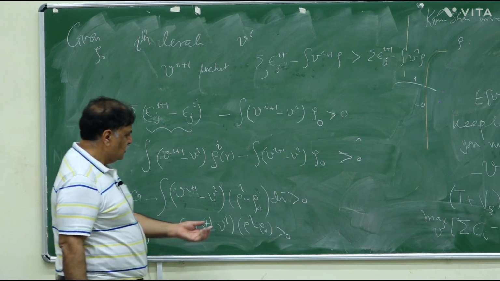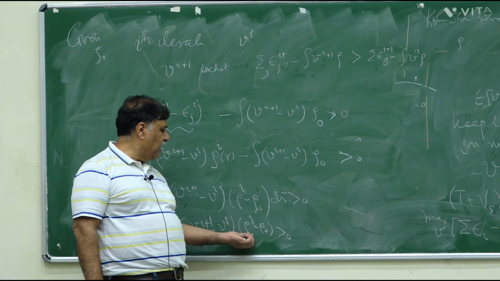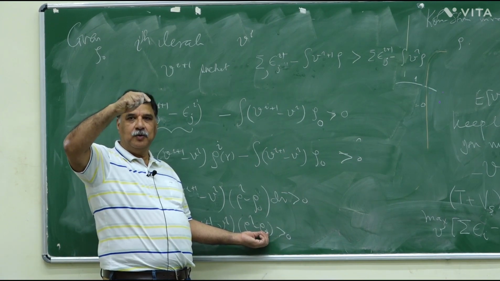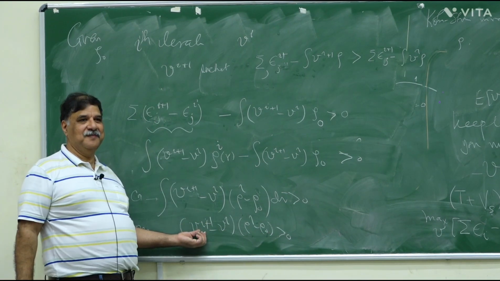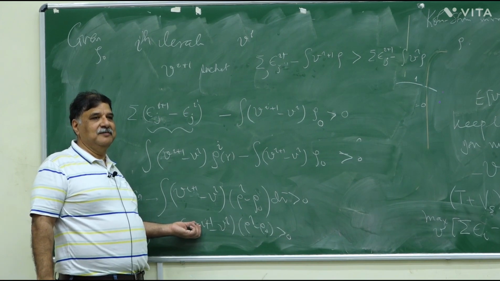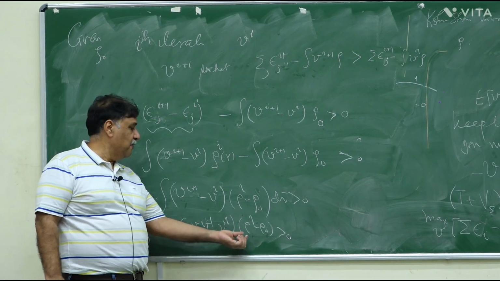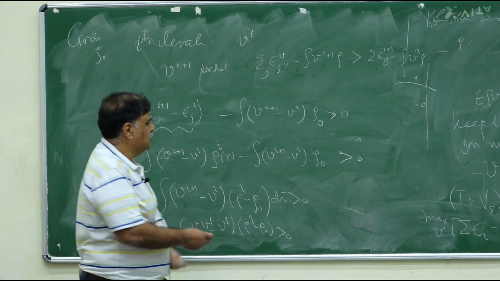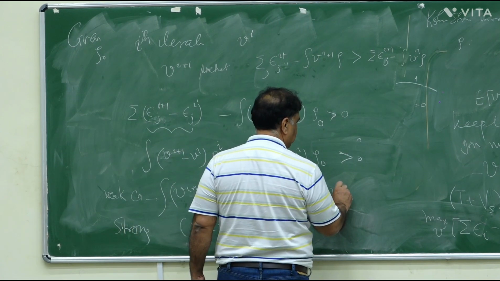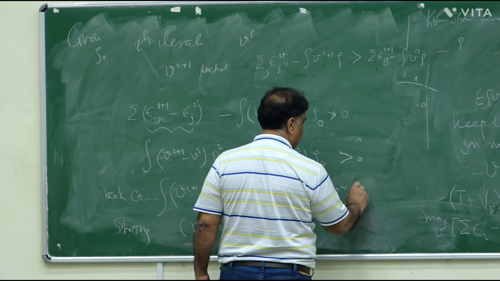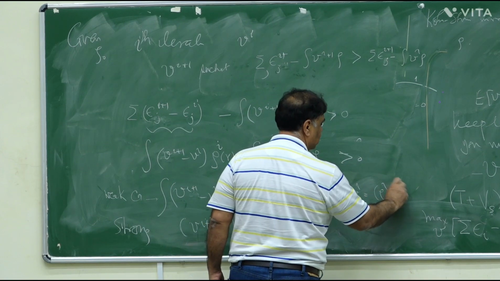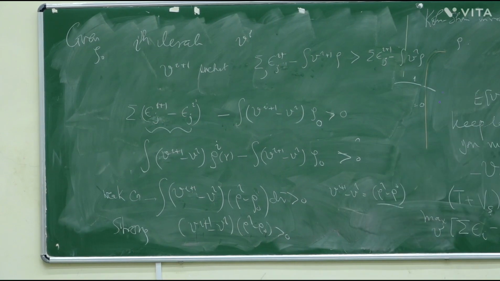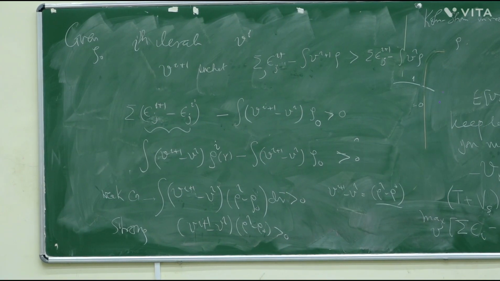Now this makes sense. Suppose at the i-th iteration, rho_i is greater than rho_0 at a given point. At the next step I want to bring the density down, so I should increase the potential there. If it is less, I should decrease the potential, so this should be negative. One example could be to take V_{i+1} minus V_i to be proportional to rho_i minus rho_0, and I keep updating.